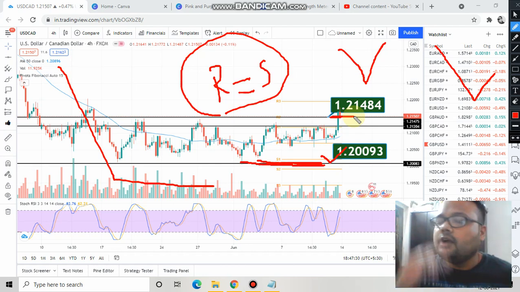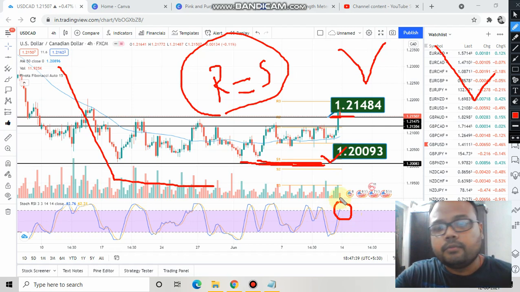And if you are looking for a safer entry, then what you can do is that right now you can see that stochastic RSI is almost at the overbought zone. Therefore wait for the stochastic RSI to come down to the oversold zone. This is an oscillating indicator, it will come down to the oversold zone again.